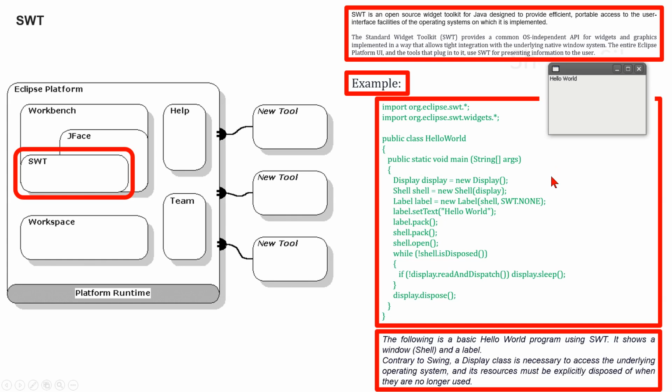It shows a window shell and a label. Contrary to Swing, the display class is necessary to access the underlying operating system, and its resources must be explicitly disposed of when they are no longer used.